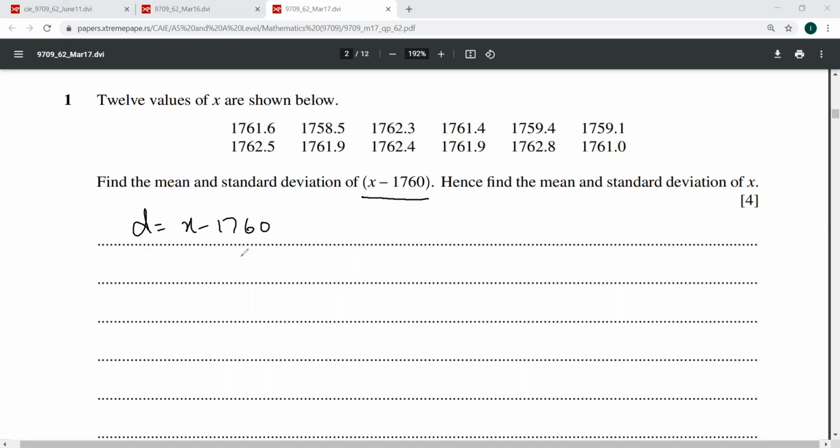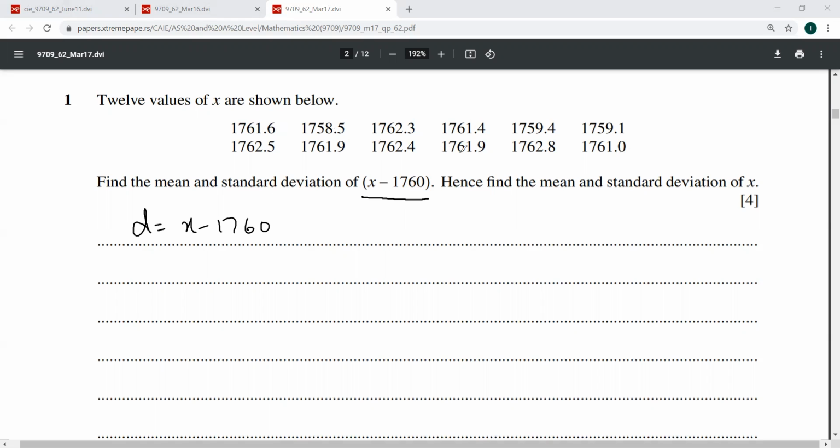One way is that you take out 1760 from all of these one by one, and that will be your d. Then the smarter way of doing it is that, since you people have calculators with you, you find all these values and subtract 1760 12 times from that.